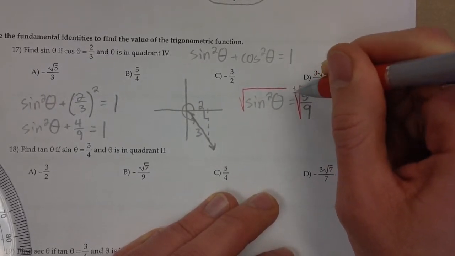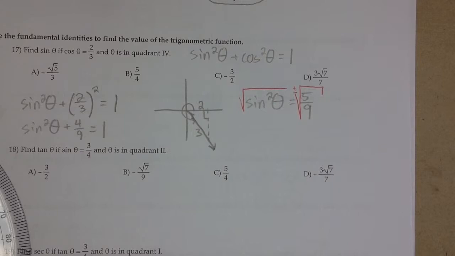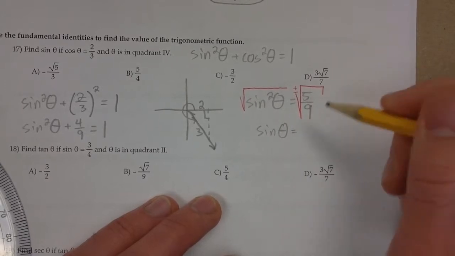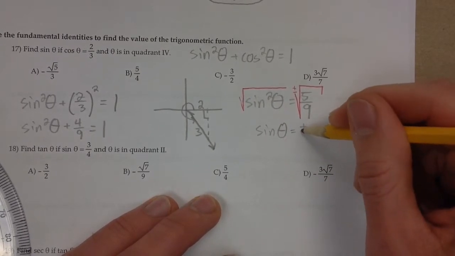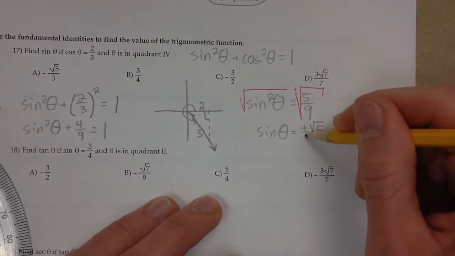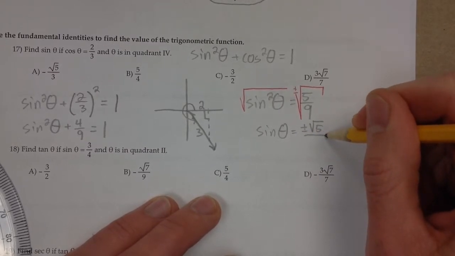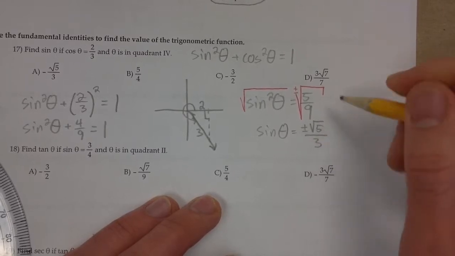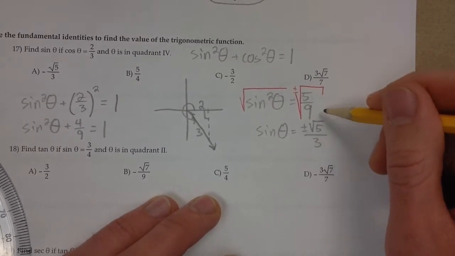Technically it's plus or minus, but we're only going to choose one of them, and it's going to depend on what quadrant it's in. So plus or minus root 5, and the square root of 9 is 3. I square rooted the top and the bottom.